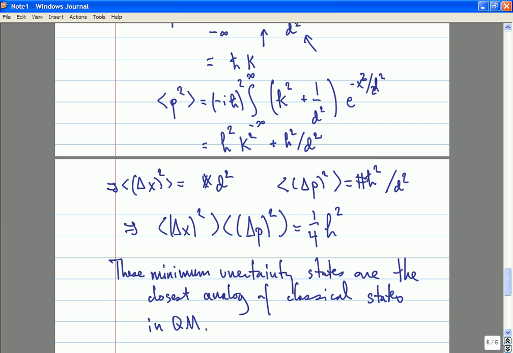For this reason, whenever you're considering the classical limit of a quantum system, where h bar is very small and you only wish to understand the small deviations from classical physics due to quantum mechanics, it will very often be useful to use the minimum uncertainty states as your basis of wave functions.